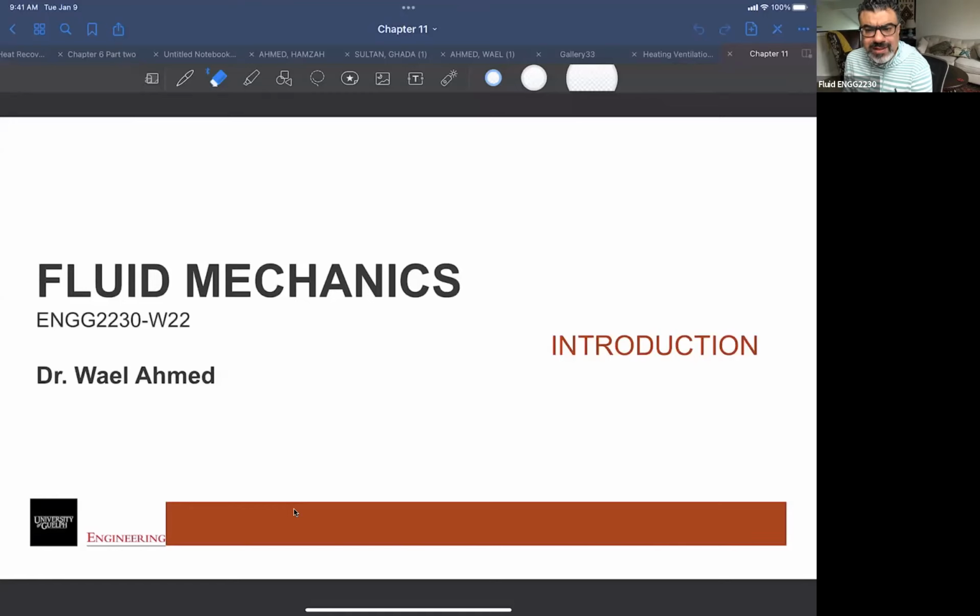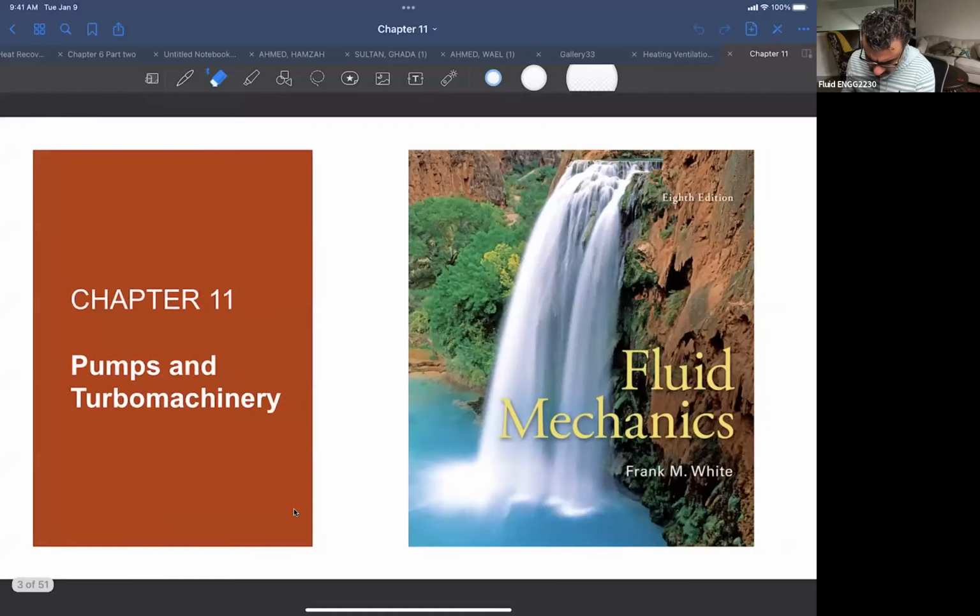Versus if we are talking about liquids, now we're going to talk about something called pumps, and these pumps are a device that is moving fluid. The main function of a pump is basically moving the fluid in the system. So in this chapter today, we're going to talk about pumps and turbomachinery in general.